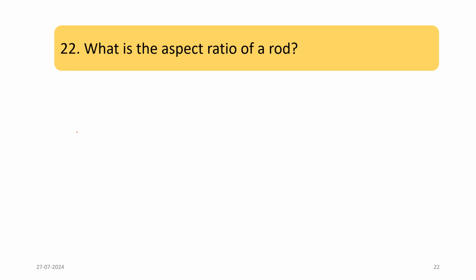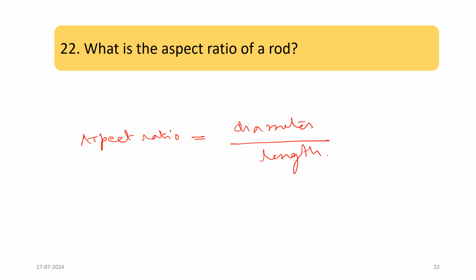So the definition of aspect ratio is diameter per length. The aspect ratio ranges from 0 to 1.